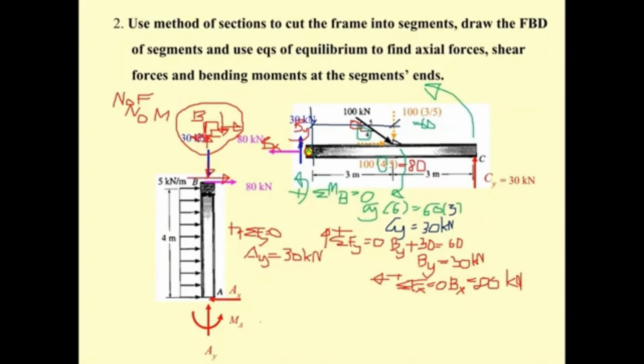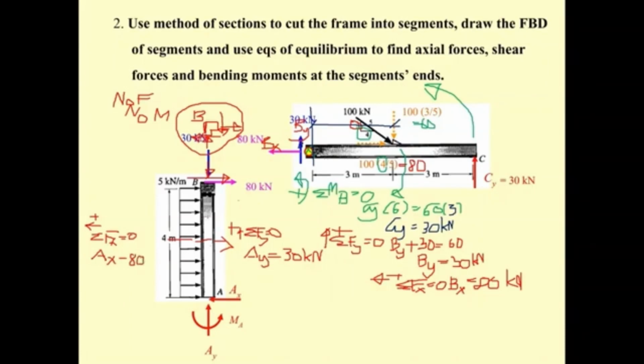And then if you do the F sub x equal to 0, you put this as positive, and your A sub x points to the left, and the other forces point to the right, and also the resultant force here points to the right, so it's going to be minus 80.